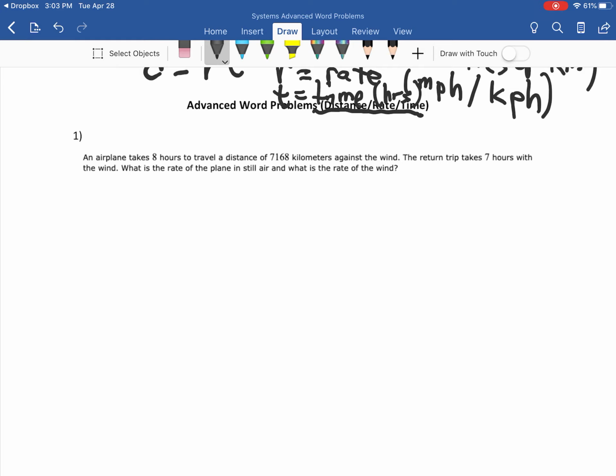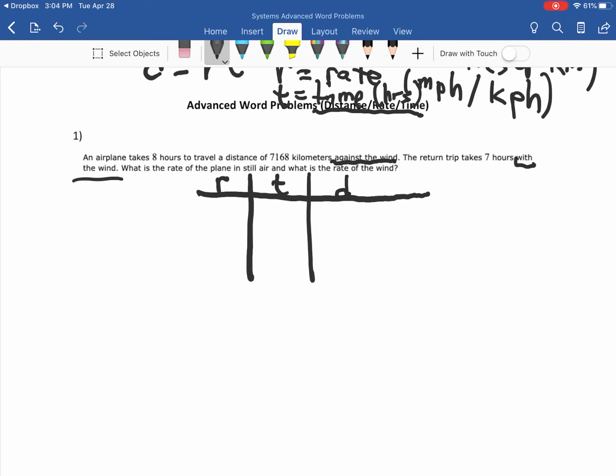Okay, so here's going to be the setup for any and all of these distance, rate, time problems. So we're going to want to make a chart. R, our rate, T, our time, and D, our distance. Okay? And we have the plane going against the wind. So it's fighting the wind and then going with the wind.